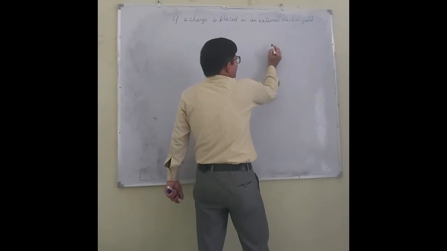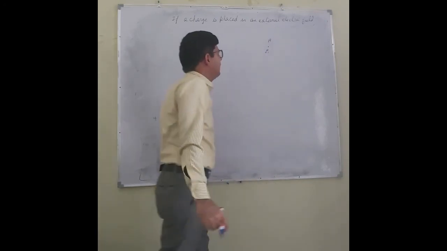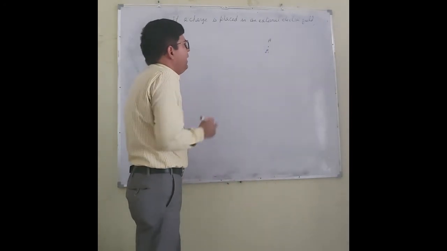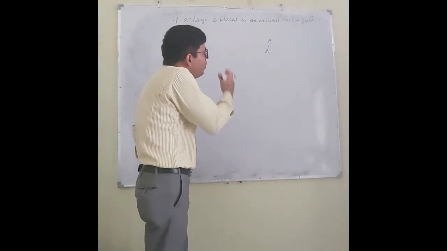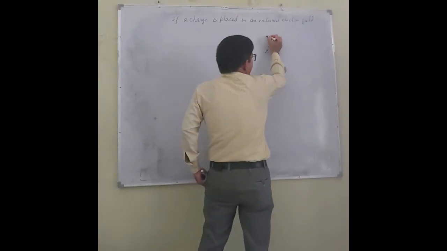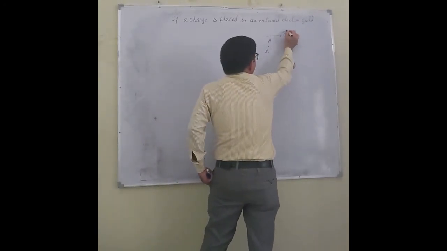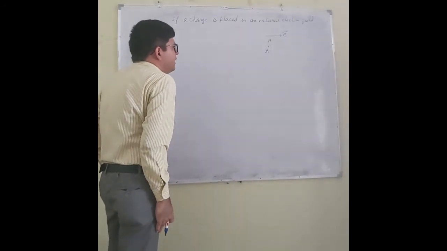Let us say I am having a charge Q1. It is at a point A, and what do I want to find out? I want to calculate its potential energy in an electric field E. What will be its potential energy in an electric field E?